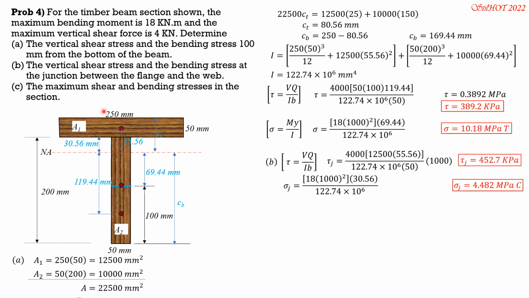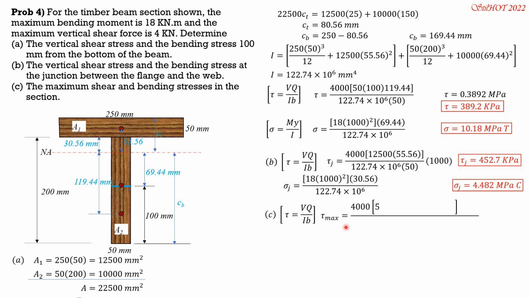So for shear stress, we still use this formula, but the maximum shear stress occurs at the neutral axis, so that Q is this area here, which is 50 by C sub B, 169.44, times the distance of the centroid to the neutral axis, 169.44 over 2. Then b is still 50 mm.